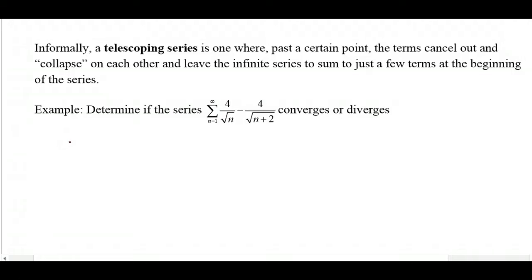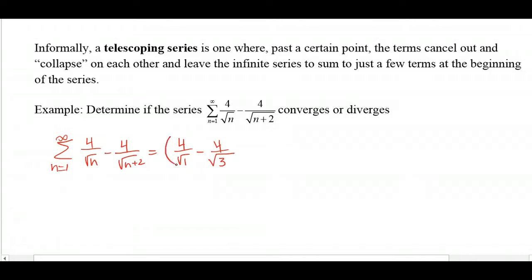So here I have the sum of n equals 1 to infinity of 4 over radical n minus 4 over radical n plus 2. So we have 4 over the square root of 1 minus 4 over the square root of 1 plus 2, so 4 over radical 3. That's the first term.